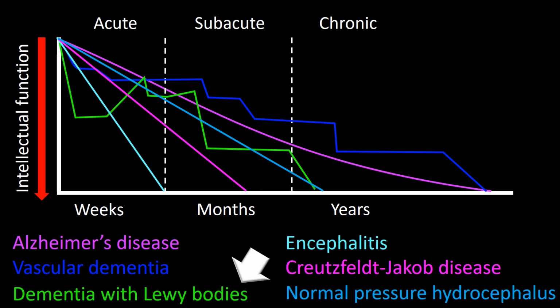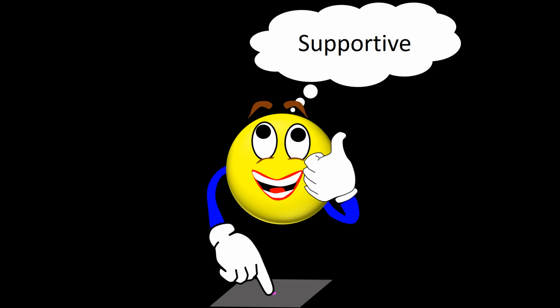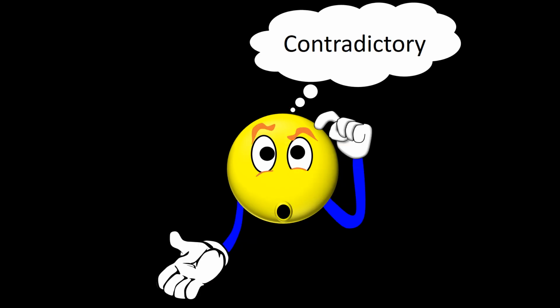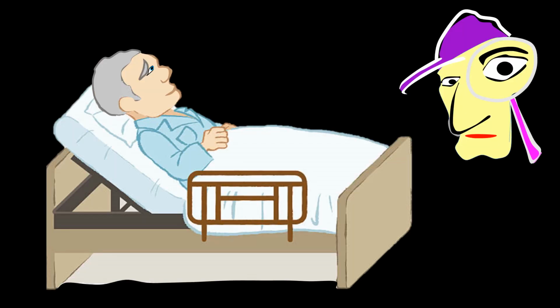Having used age and course as a guide to the diagnosis of the type of dementia, we must now look for supporting or contradicting facts to this tentative conclusion. This is done by comparing the findings in the vignette with the known features of the suspected disease.